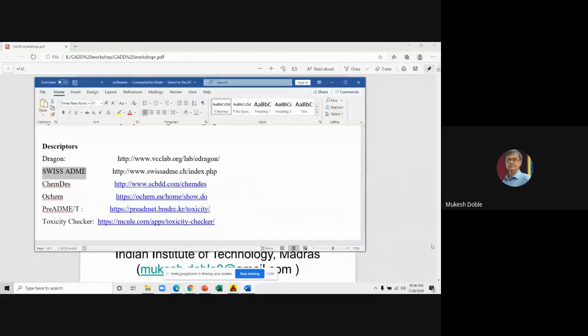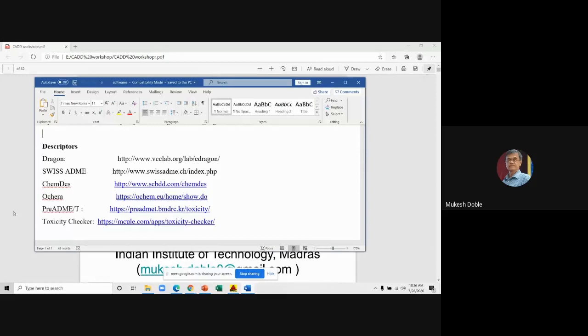It calculates log P values for known molecules and unknown molecules. Then it calculates ADME, absorption, distribution, metabolism, and excretion information. So that's a useful server to look at. Then I also showed you other things like ChemDes that also calculates some properties. Then there is OChem, which also has properties of a lot of molecules.